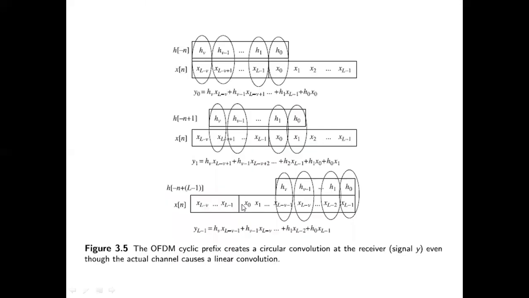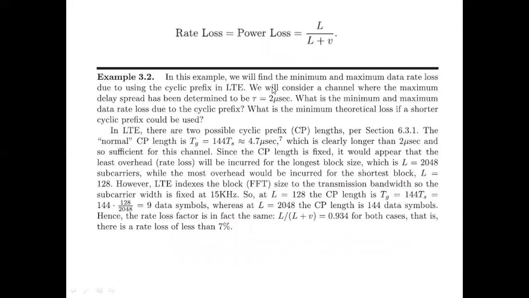So here is one example. In this example, you can see the minimum and maximum data rate loss due to use of a cyclic prefix. Here he has taken an example where he has linked the cyclic prefix to the amount of time delay spread. That's the usual case. How many values in the symbol you are going to use as cyclic prefix depends on the time delay spread in the channel, and also on the standards.